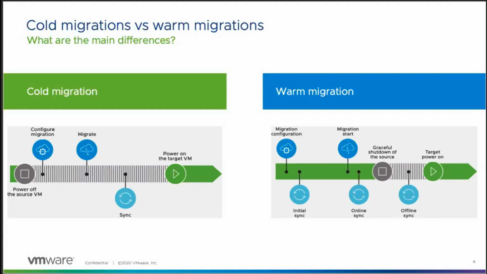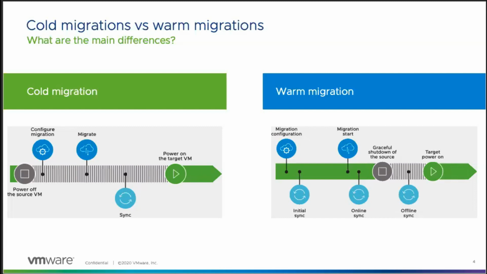Now, the cold migration, a lot of people say, well, why would I bother with a cold migration? I can see one use case there is you offer it for free. Configure a pay-as-you-go org VDC and have people migrate into there themselves, and they do their cold migration.